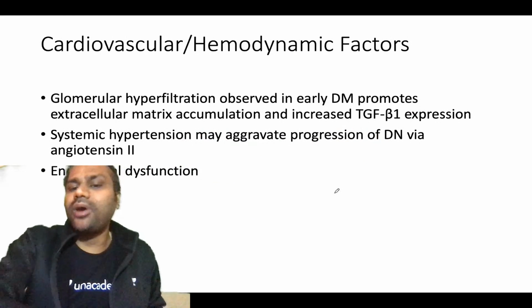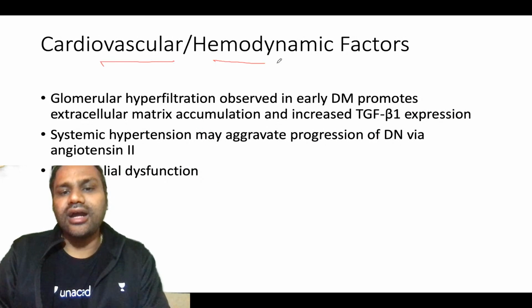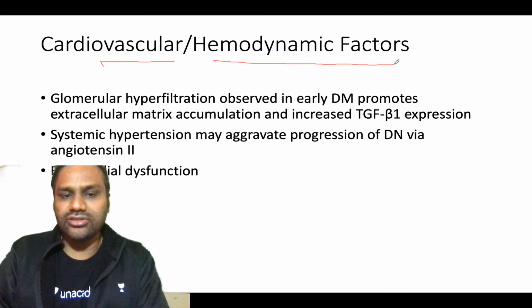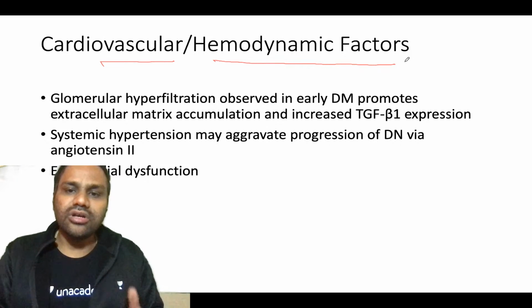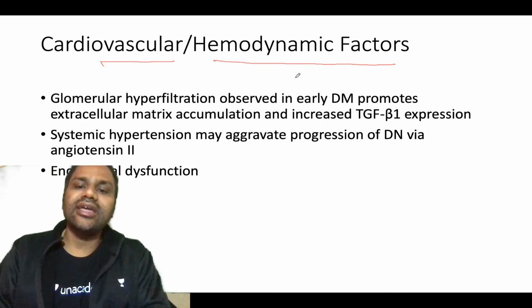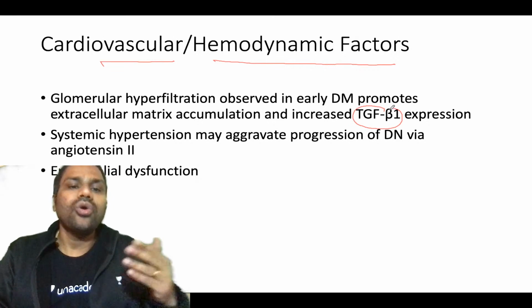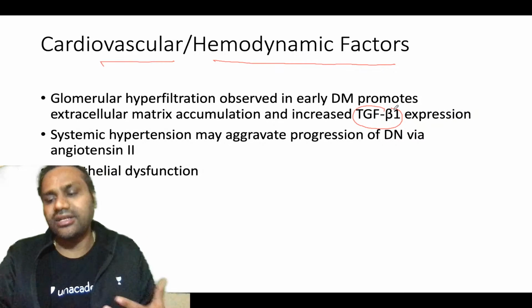Another important factor responsible for diabetic nephropathy can be cardiovascular or hemodynamic factors. They increase transforming growth factor beta 1 expression, and again they increase extracellular matrix accumulation.